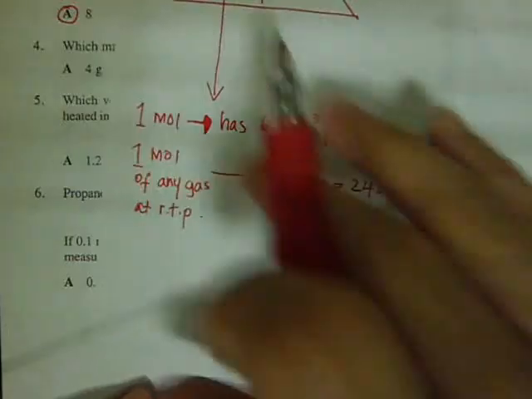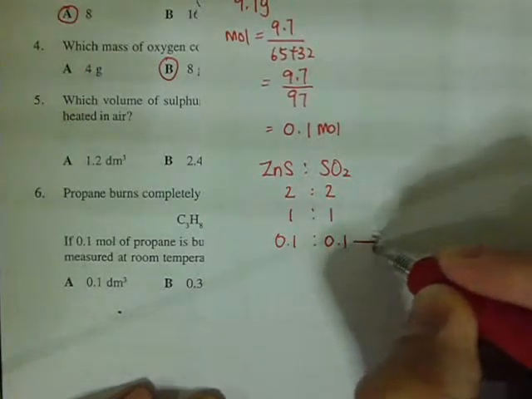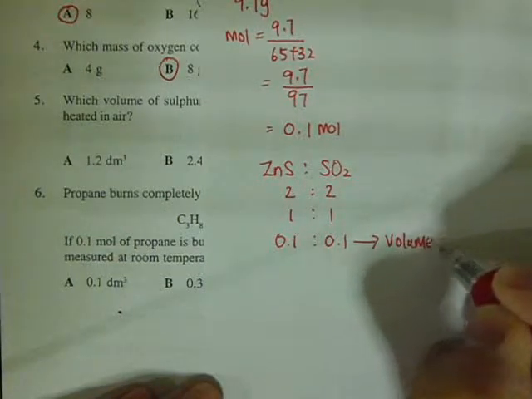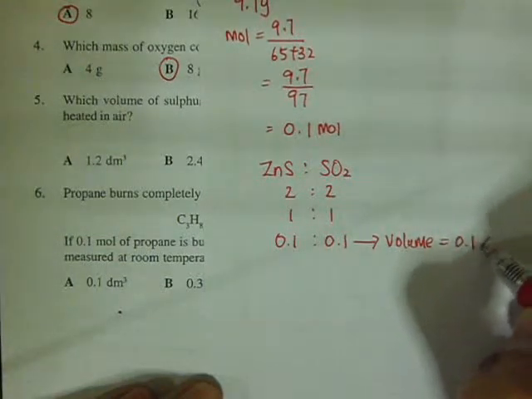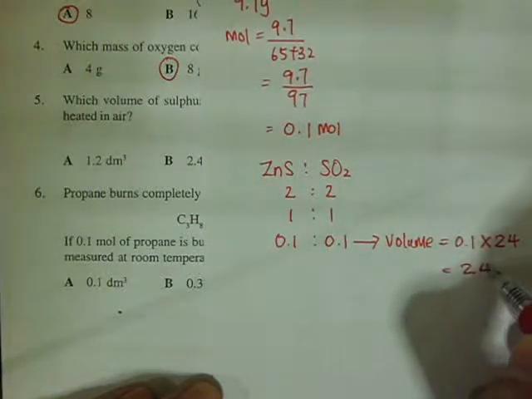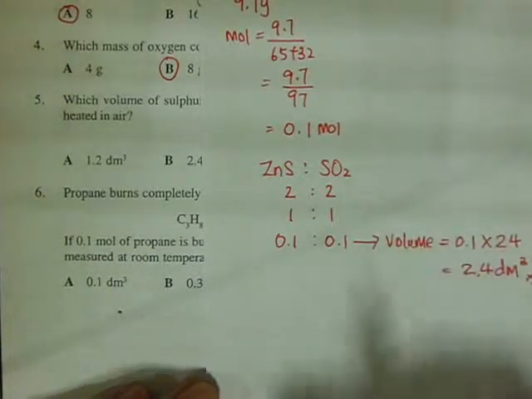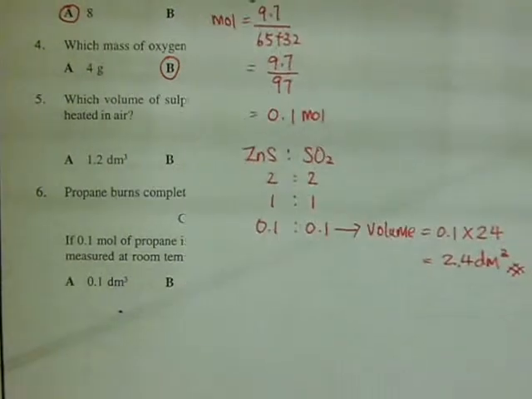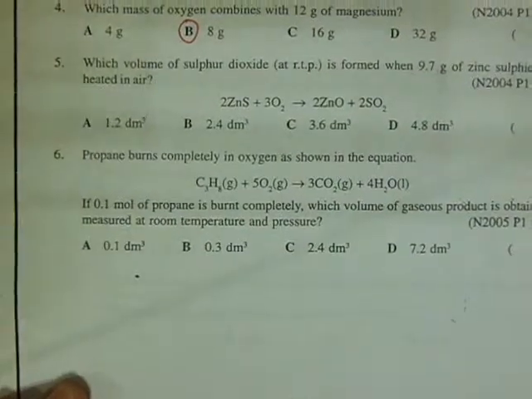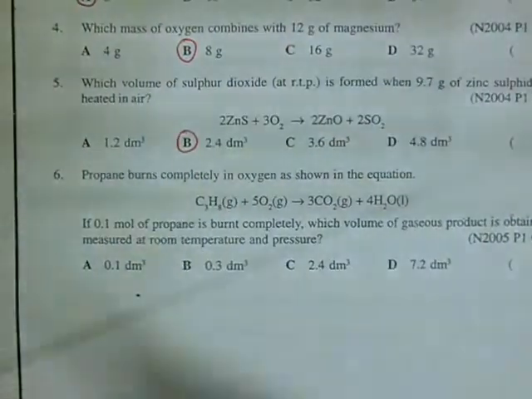Therefore 0.1 mole of sulfur dioxide, the volume would be 0.1 times 24, and that would give you 2.4 dm cube. So 2.4 dm cube would be the answer. So the answer for this question is 2.4 dm cube.